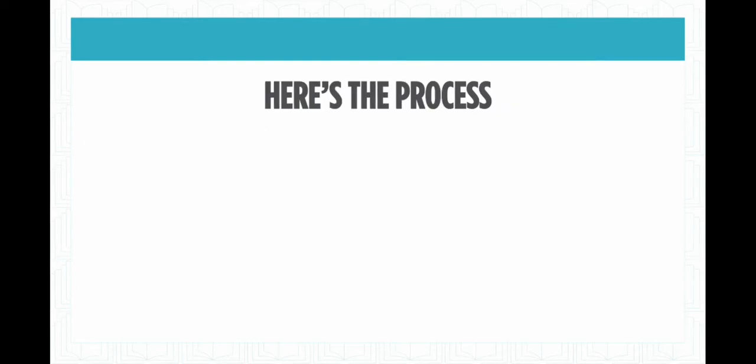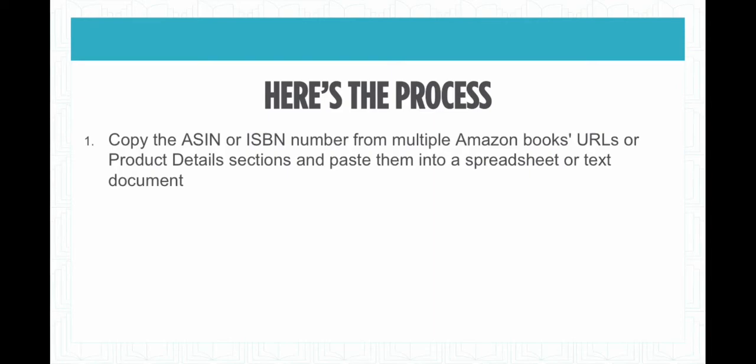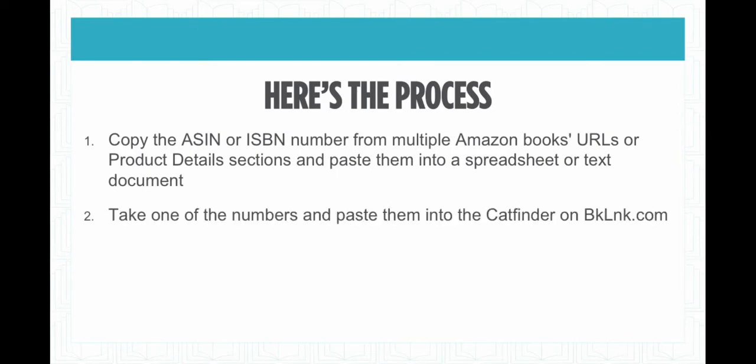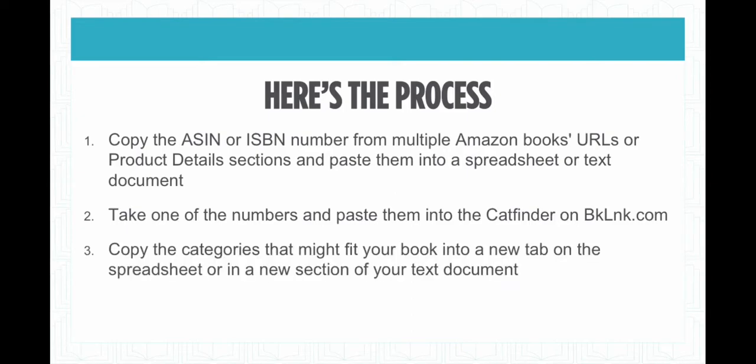Here's that process for researching. You copy either the ASIN number or the ISBN number from the URLs of multiple Amazon books. The web link, you can find it in there. It's also on every sales page in the product details section. You can paste them into a spreadsheet or a text document. Then you're going to take one of the numbers, paste it into the cat finder, and you're going to see this whole list of categories.